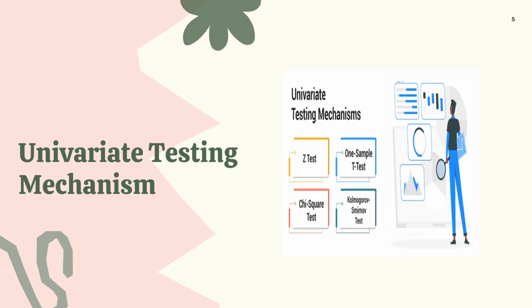Visual tools such as histograms, bar charts, or box plots are also extremely helpful because they give us a quick snapshot of how the data is shaped. All these techniques allow us to understand the behavior of one variable in depth.